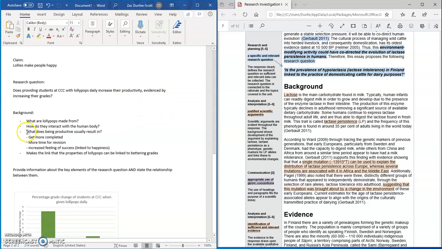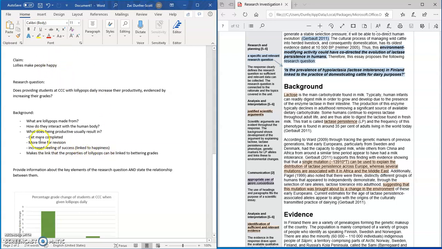And then the next part is, what does being productive usually result in? Because this research question says, does providing students at Chisholm Catholic College with lollipops daily increase their productivity? Well, what does being productive usually result in? Getting more completed, more time for revision, and then because of that, an increased feeling of success. That's going to be linked to your happiness, which is in your claim.